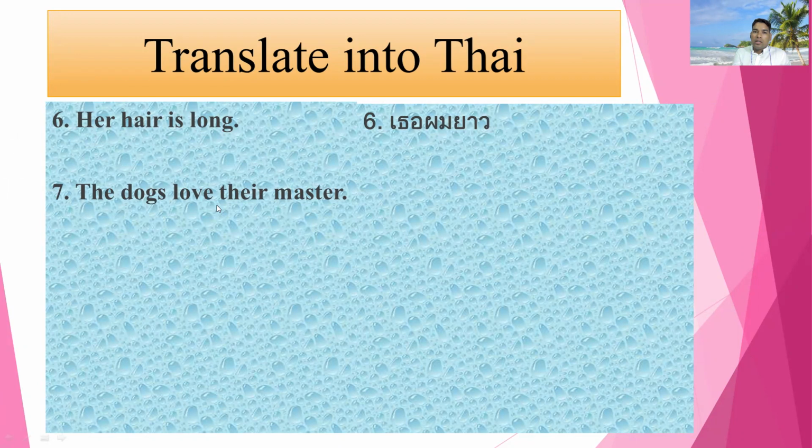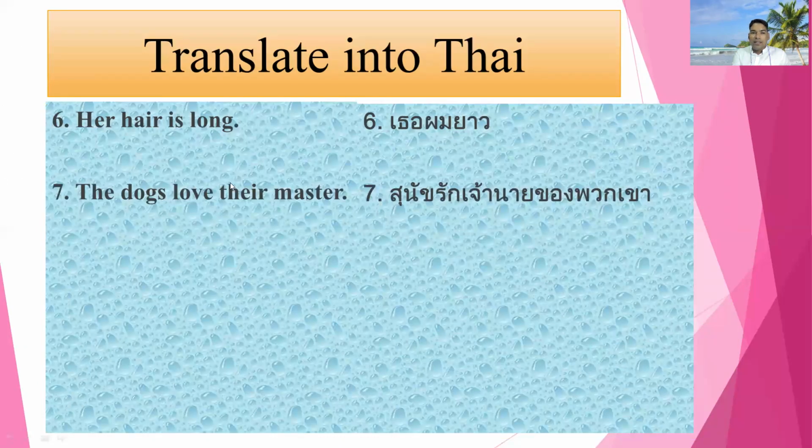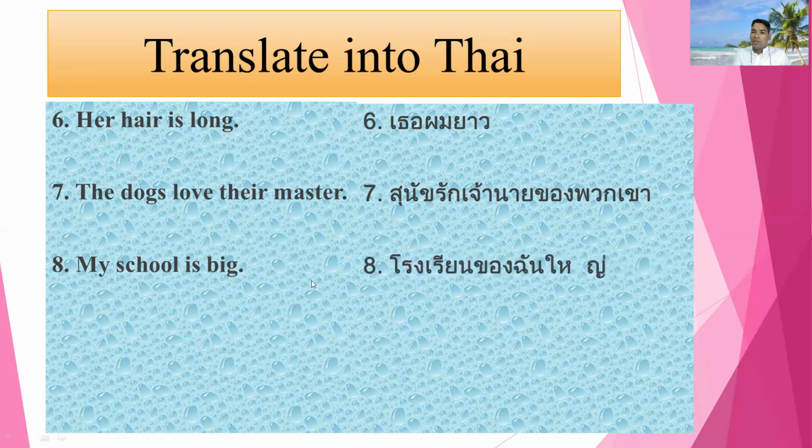The dogs love their master, and the Thai is written also for your good understanding. In this one, "their master" is a possessive adjective. Next is talking about: my school is big. So my school is possessive adjective, and I have written the Thai also for your understanding.